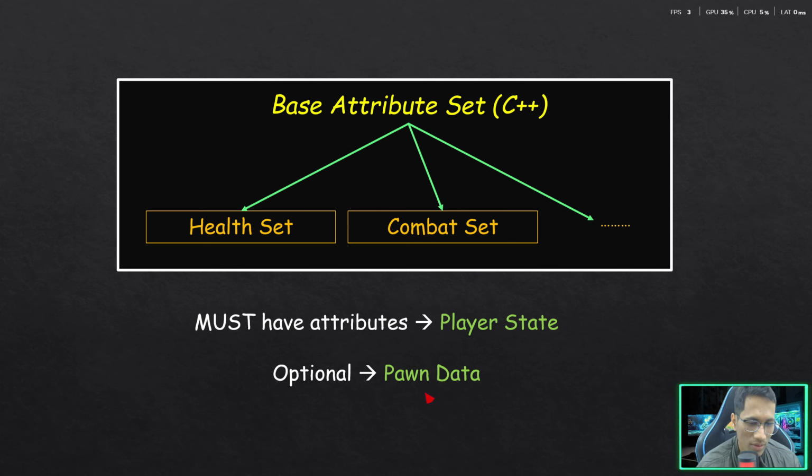So in such cases we will make an option available in the pawn data so that you can add and remove the attribute sets that you want for that level. We are going to divide these attributes into two layers. First, the must-have, mandatory ones will go in the player state, and whatever is optional or removable will go to the pawn data.